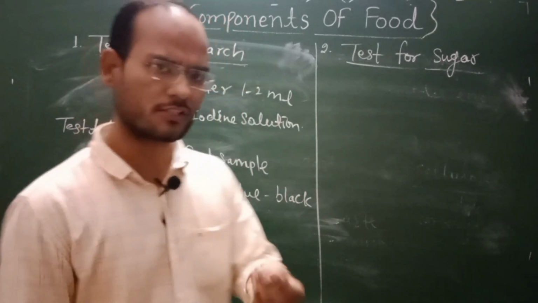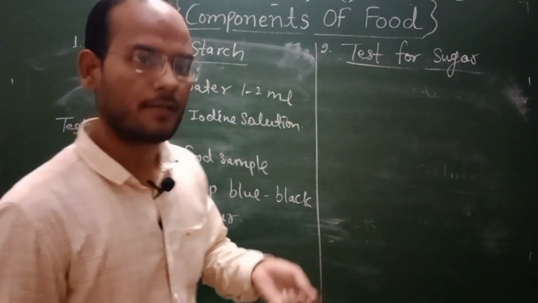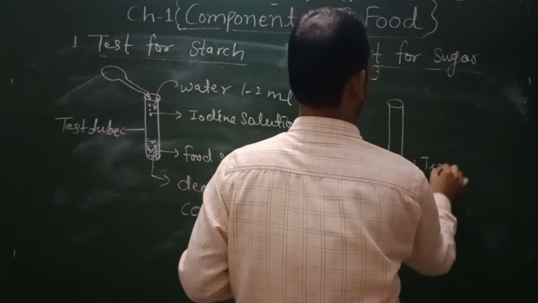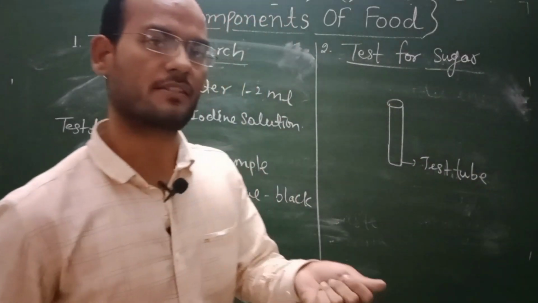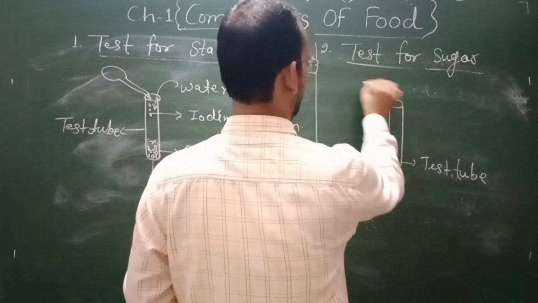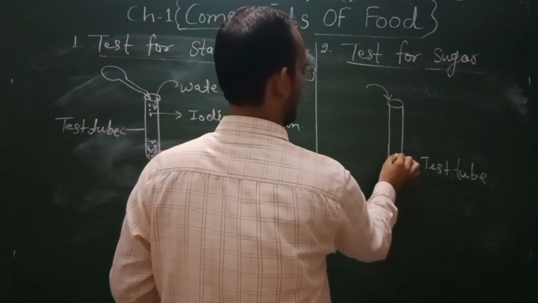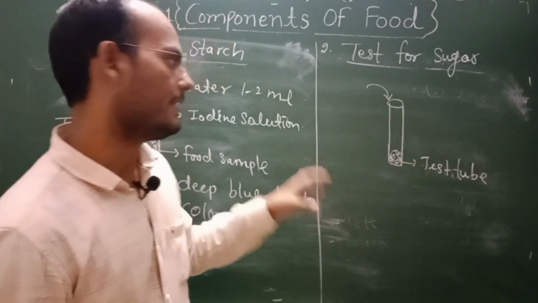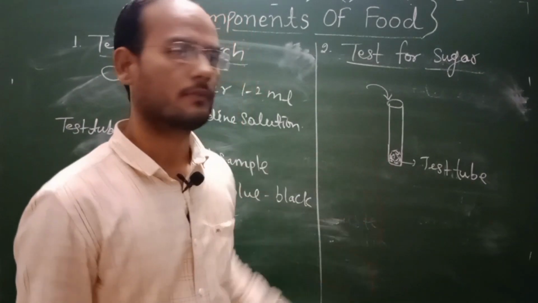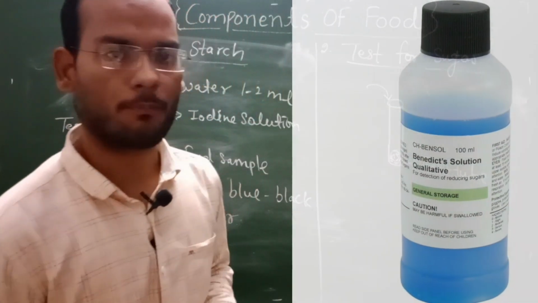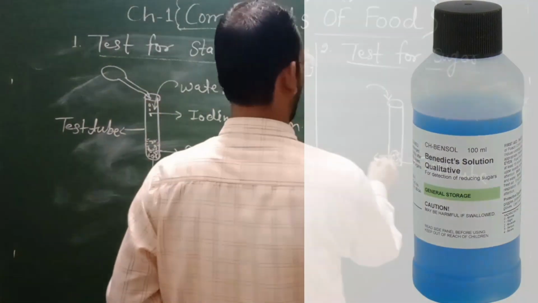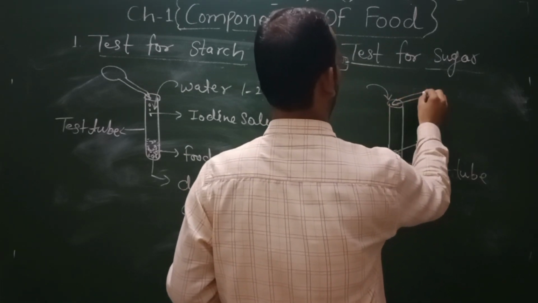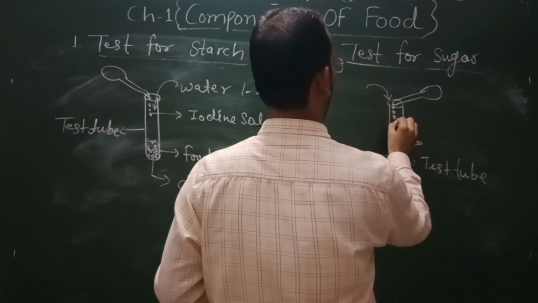First, crush the given food sample and put it into a test tube. Now add some water to it and add 2-3 drops of Benedict solution with the help of a dropper.